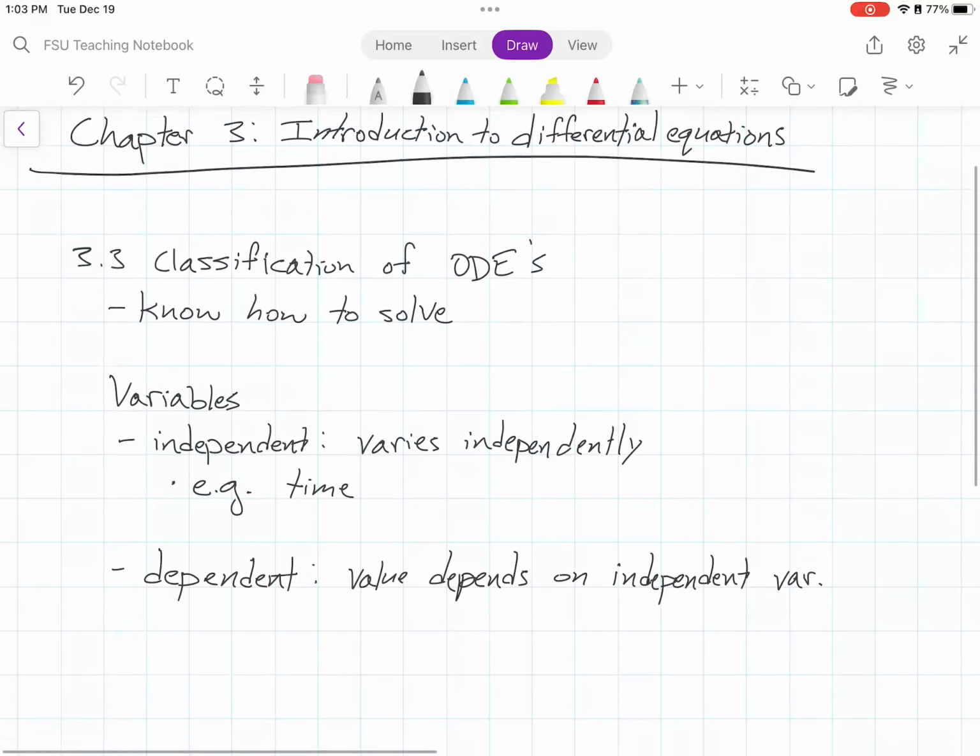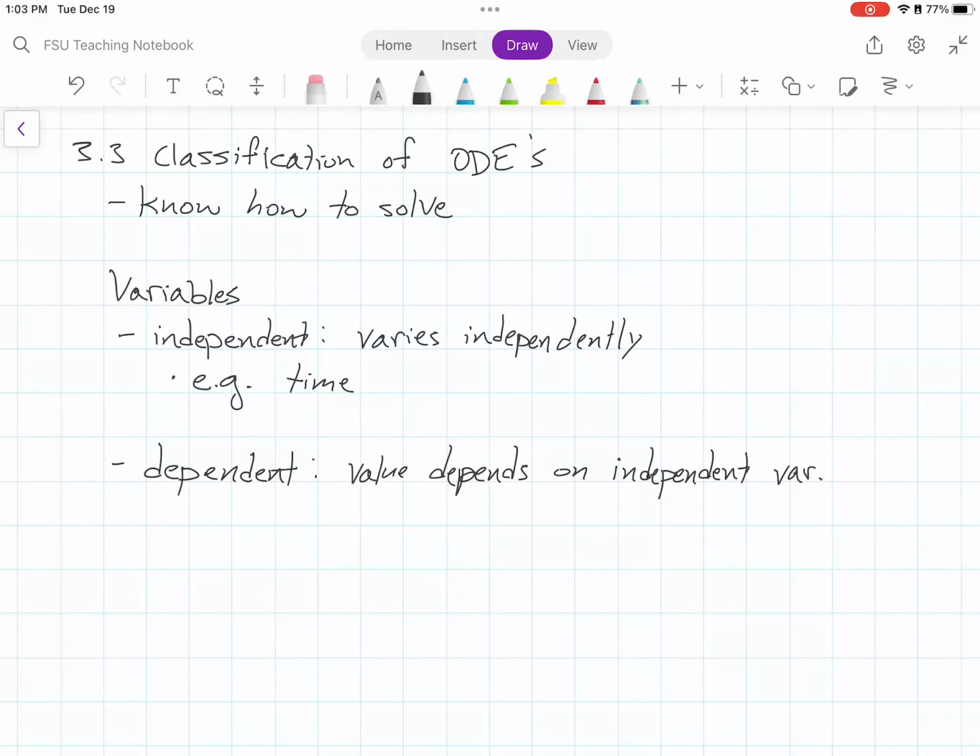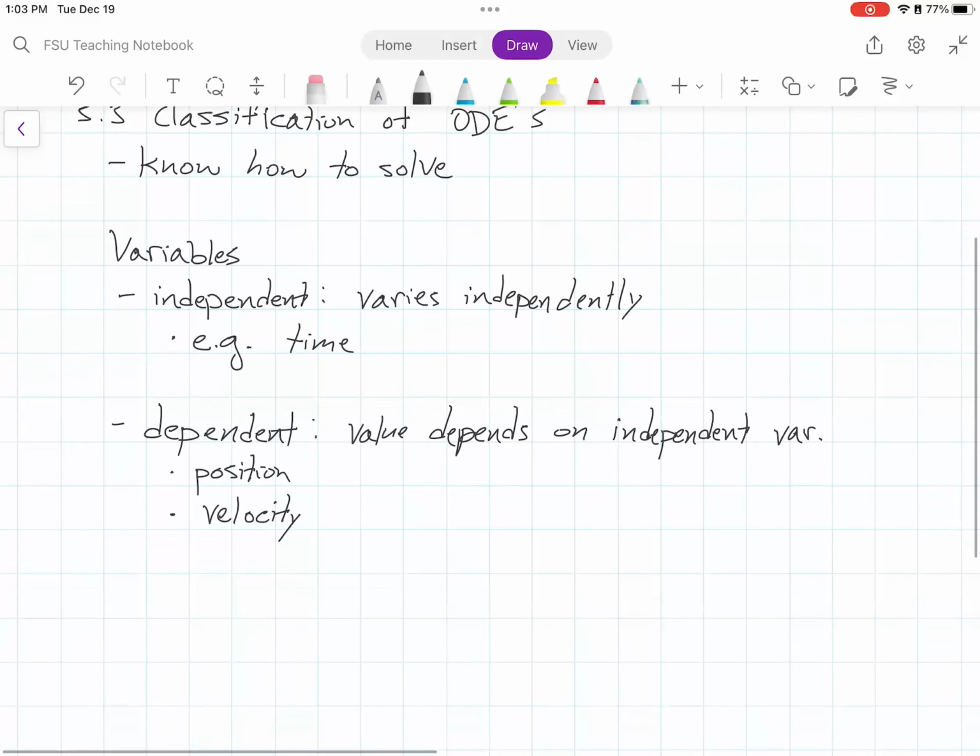And we have lots of examples of this. This is most of the things that we usually care about. So often position is a dependent variable, or velocity, or both of them together. And these are things that are changing. Usually we say that they are changing in time. That's what makes a system dynamic, is that the position or velocity of something changes with respect to time.